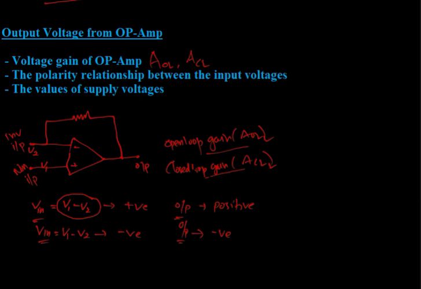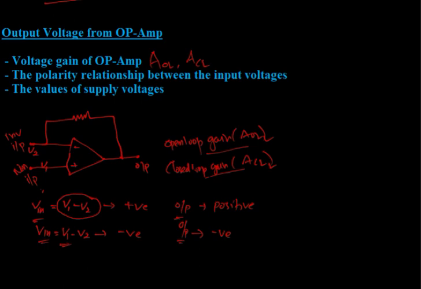If the difference is negative, then the output voltage will be negative. Always take V1 minus V2, where V1 is the voltage at the non-inverting input terminal and V2 is the voltage at the inverting input terminal.